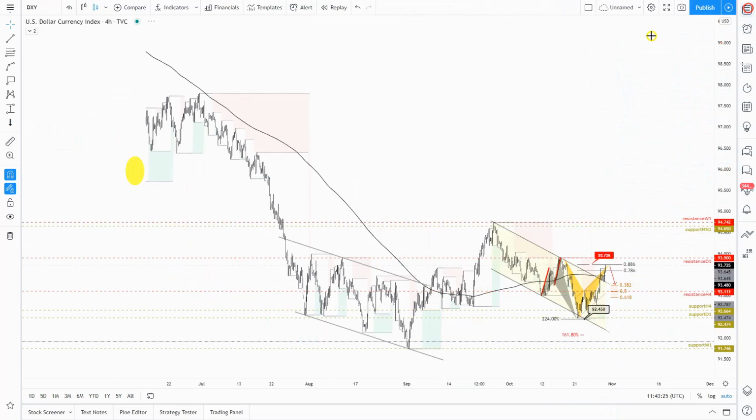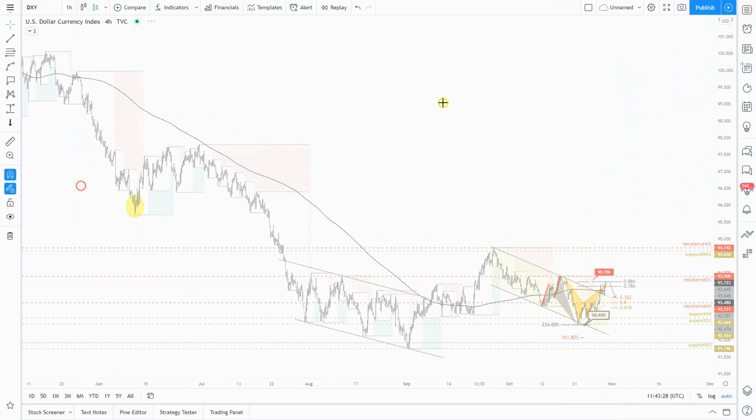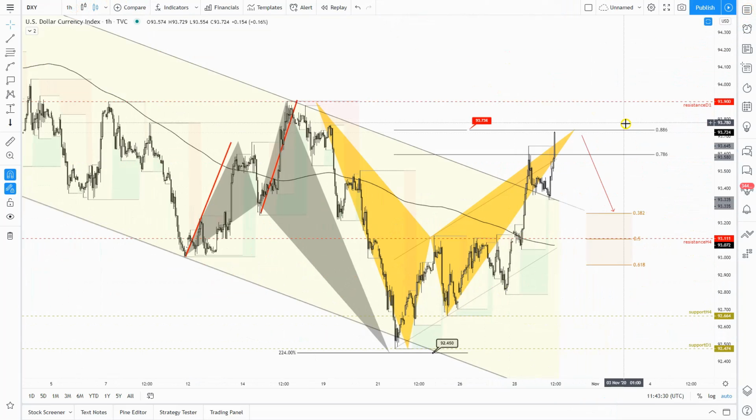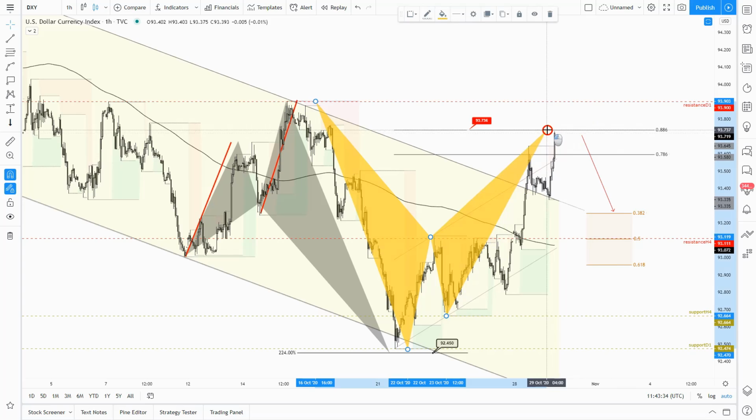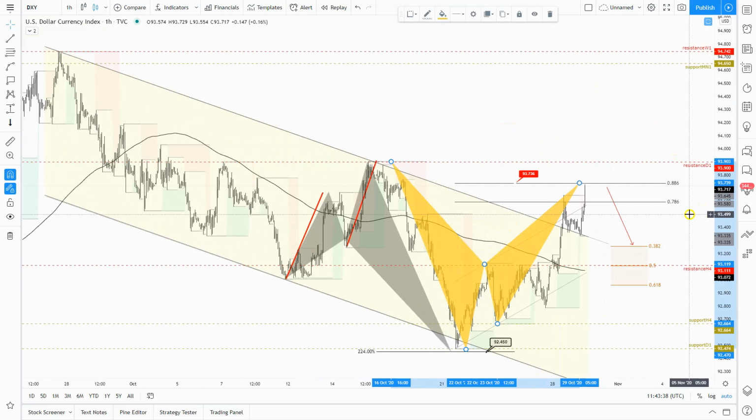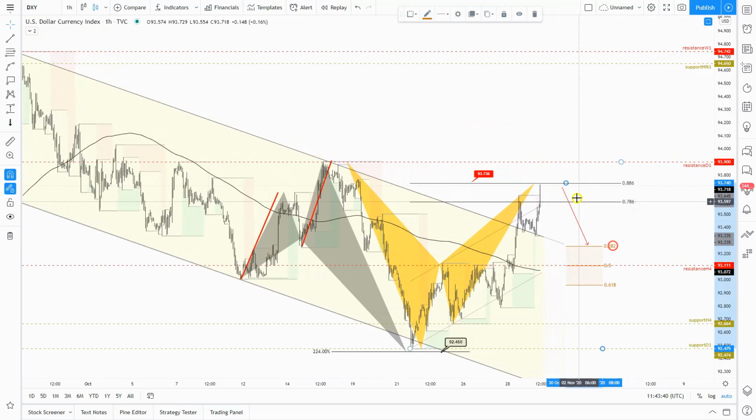And this is the Dixie. Let's go into the Dixie. Dixie projected an 88% Fibonacci retracement level at 93.73. We are already approaching that level, so let's not get surprised with that bearish bat pattern completed at 93.73.